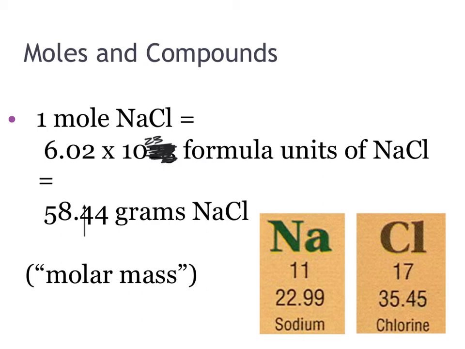Or it's the same thing as saying 1 mole is 58.44 grams of sodium chloride. And where I got this grams of sodium chloride is I looked on the periodic table. There was 1 atom of sodium, 1 atom of chlorine, so 22.99 plus 35.45 using the exact numbers on the periodic table. And so this 58.44 grams is the same thing as 1 mole.